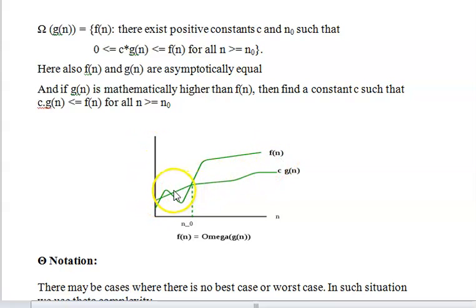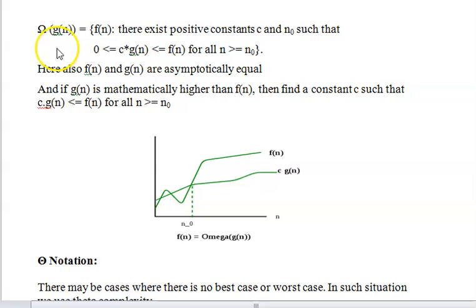One is f(n), the other is g(n). So originally g(n) was greater than f(n) when we made the mathematical calculation. Our assumption is like that. Then we use a constant c to multiply the higher function g(n), so that it can be made as a lower bound to f(n) for all n which is greater than or equal to n naught.